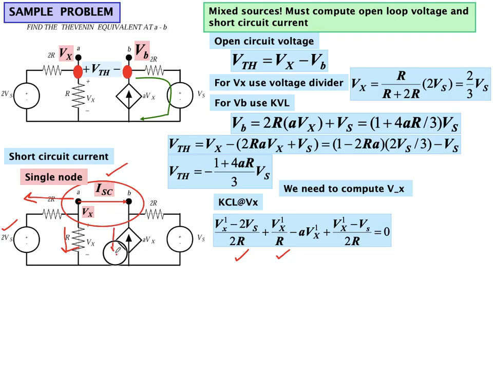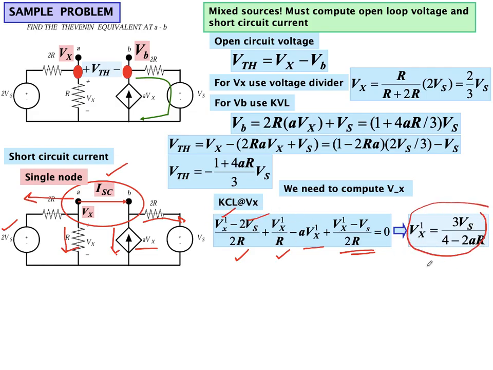The current will be opposite of this, so it will be minus Vx, and the current going in this direction will be Vx minus Vs over 2R. We've got this expression over here, and then from this we can find the value of Vx, because there are only two unknowns, Vx and Vs. We've got the value of Vx in the form of Vs.